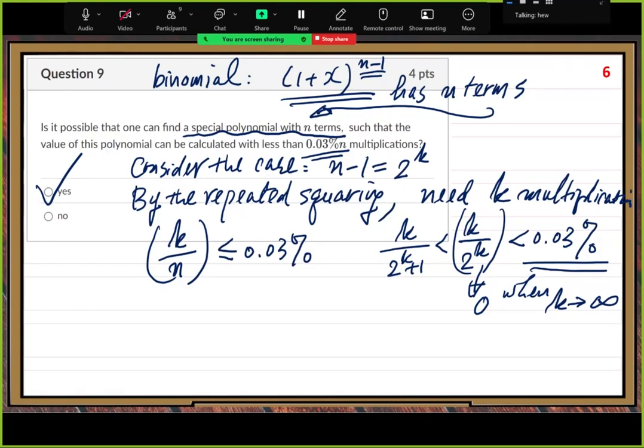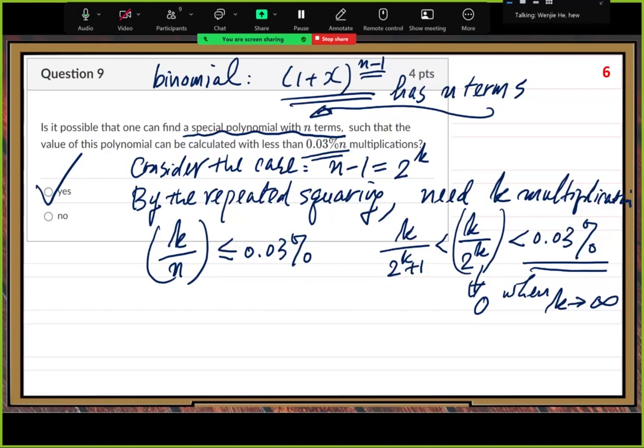So that's the hardest one. Some of you may just guess it. If you answer by intuition, it's very likely you feel no, because it's hard to imagine how to make it. But some students can get the correct answer by the wrong logical reasoning.